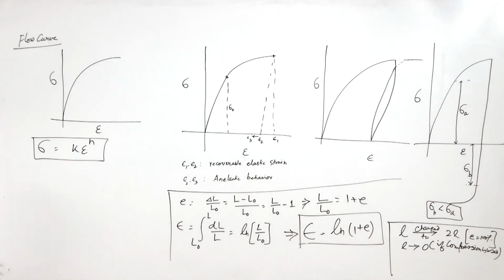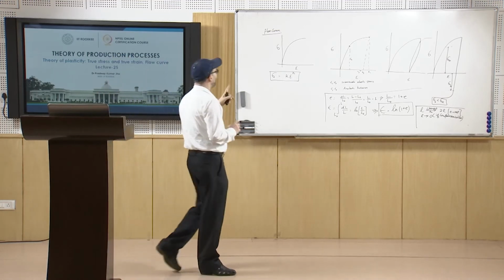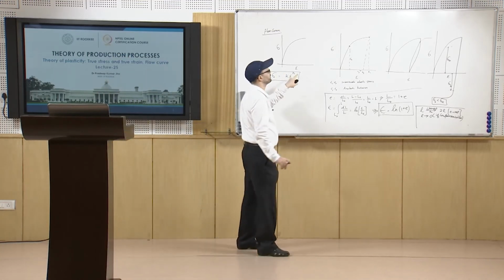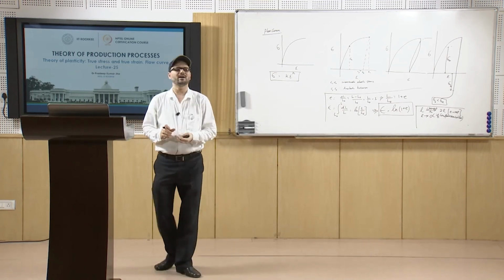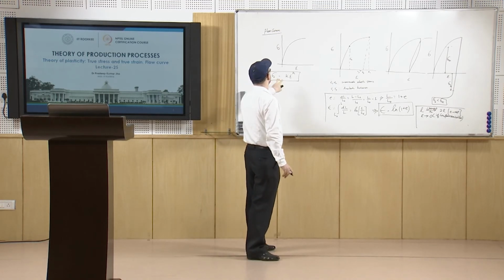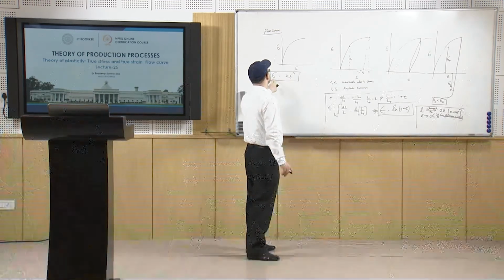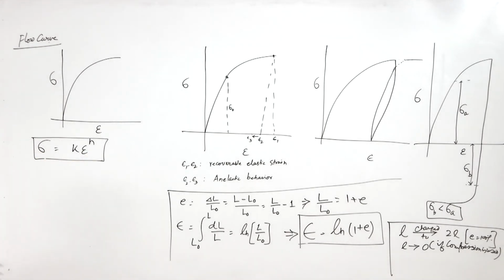That is how k is defined. And then n is known as the strain hardening exponent. It is obtained if you take the log plot of this curve, log sigma and log epsilon, so the slope of that curve will let you know the value of n.